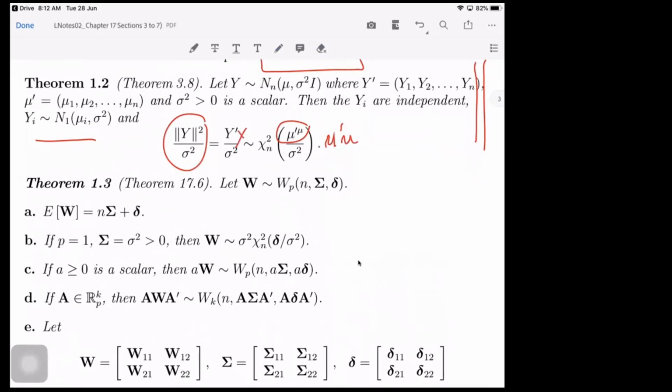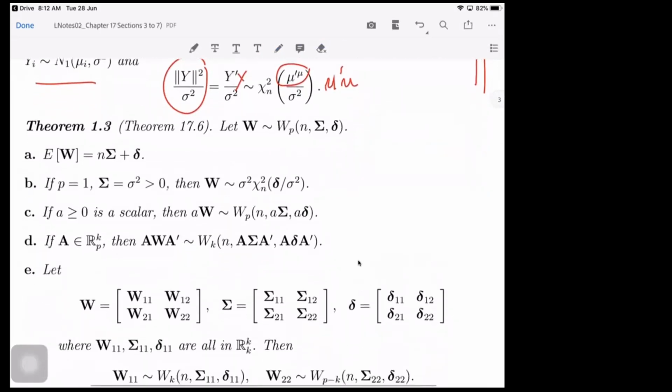So let's go over some properties of a Wishart distribution. Okay, so the expected value for a Wishart distribution is equal to n sigma plus delta.